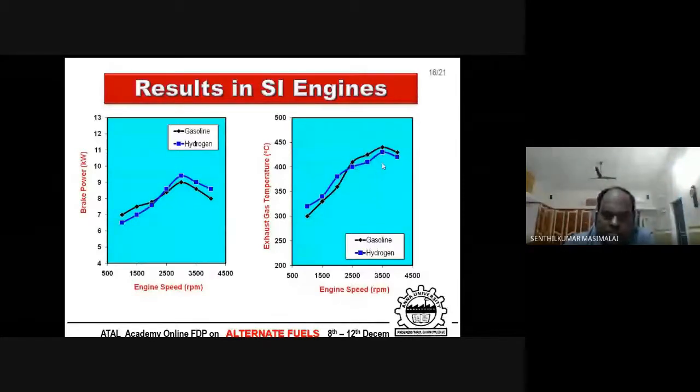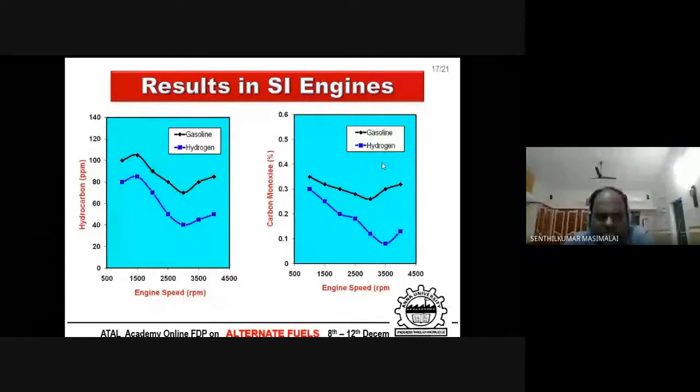If you look at the next slide, the hydrocarbon and the carbon monoxide emissions. Obviously, hydrogen resulted in lower hydrocarbon and lower carbon monoxide. The blue one is hydrocarbon for hydrogen, and the black one is for gasoline. So hydrogen resulted in a small amount of hydrocarbon and a small amount of carbon monoxide.